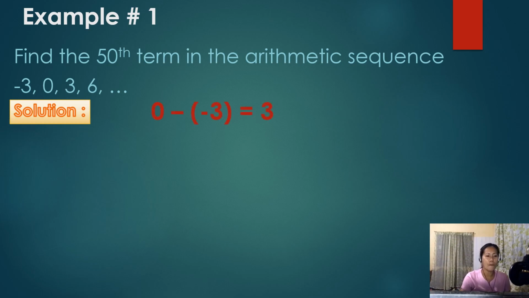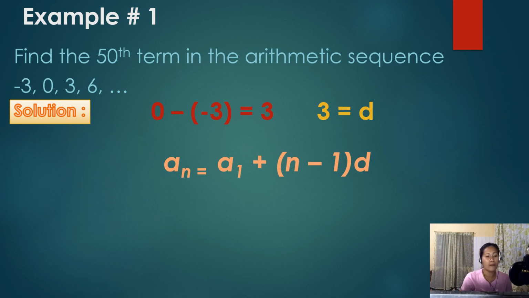So 0 minus -3 is equal to 3. It is the same when you subtract 0 from 3, it is equal to 3. So our common difference is equal to 3.